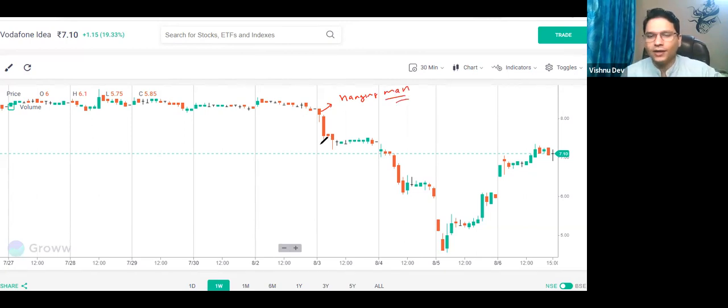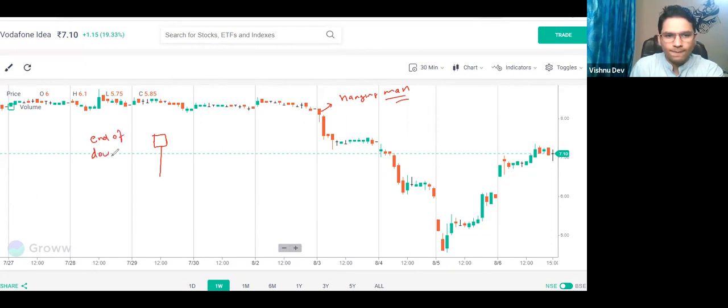I'll tell you, the same difference as with morning star and evening star. If this candlestick pattern is formed at the end of a downtrend, then it is called a hammer.